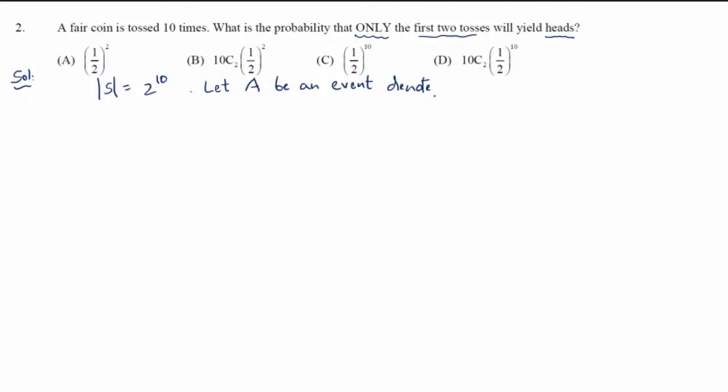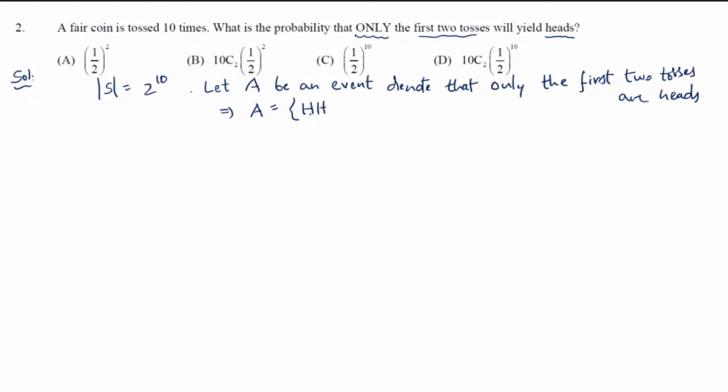Let A be an event denoting that only the first two tosses will yield heads. So this means you will have only one favorable outcome: head, head.